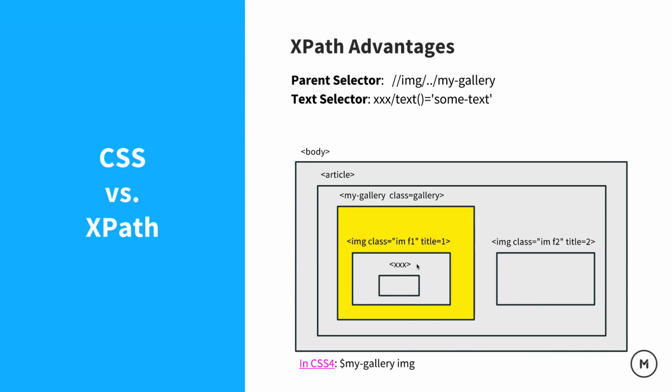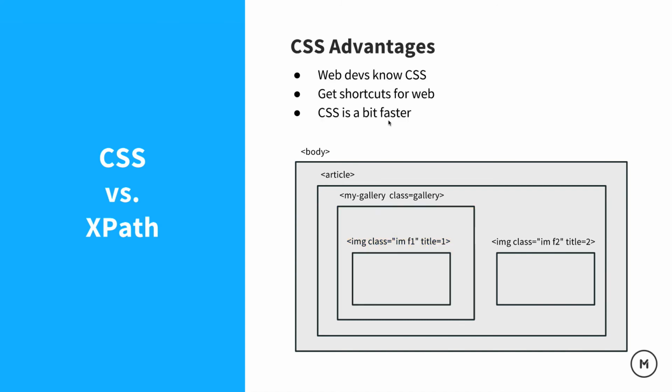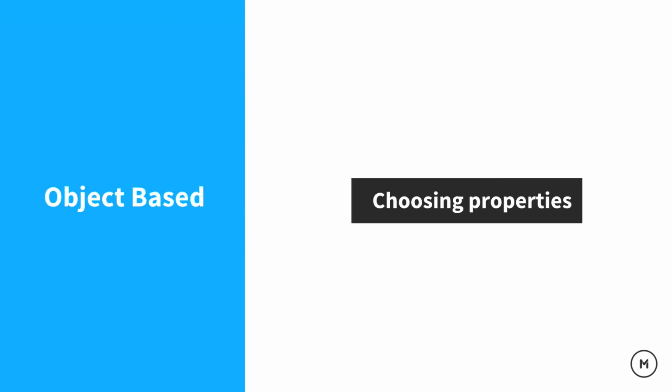This is something that you don't have in CSS until CSS4, but you did have that in XPath. Querying using text is something that XPath knows how to do pretty well. CSS selectors, well, everyone knows them. That's why they're so awesome. And they're a bit faster, but nobody really cares.